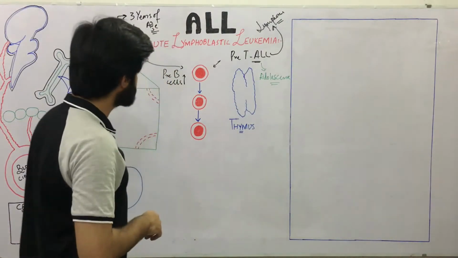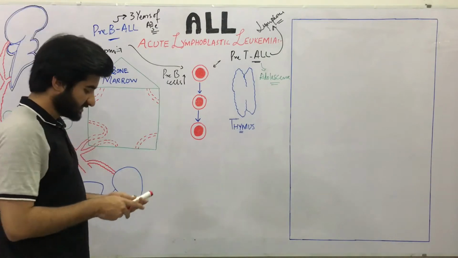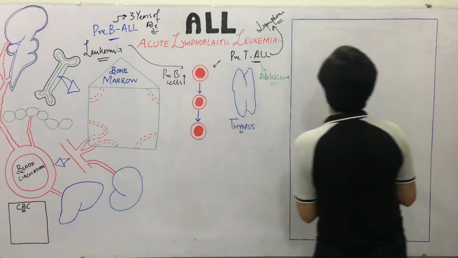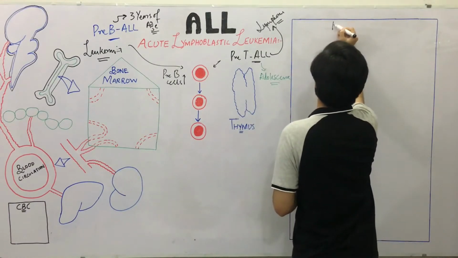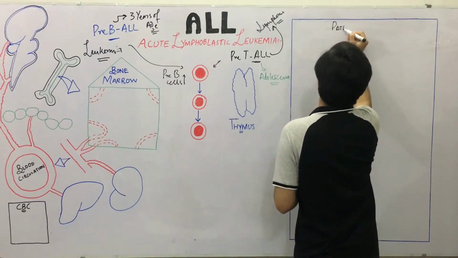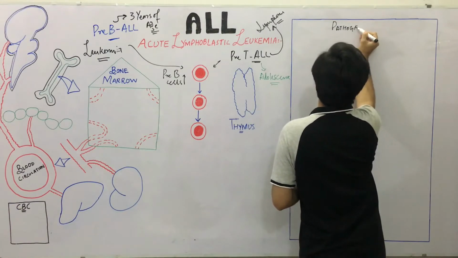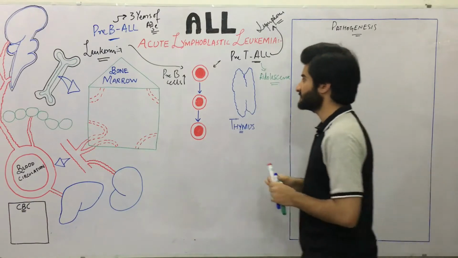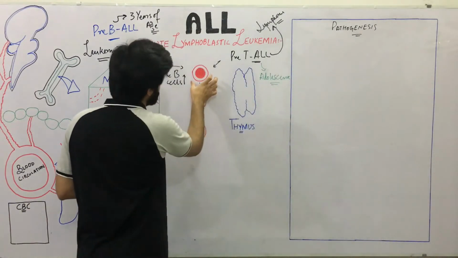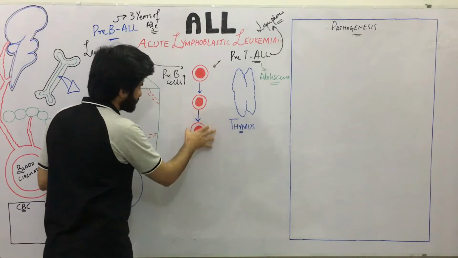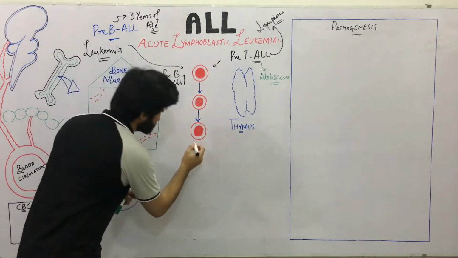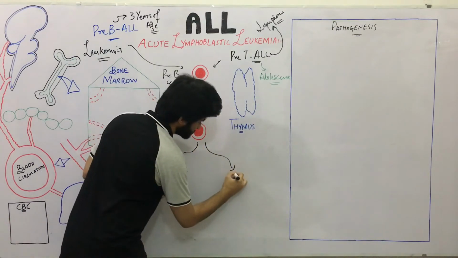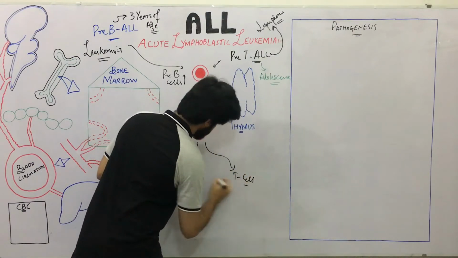Now going towards the pathogenesis of this disease, how it occurs. When we are studying pathogenesis, we should have a very clear idea in our mind that precursor B cells or precursor T cells finally transform into either a mature B cell or a mature T cell.